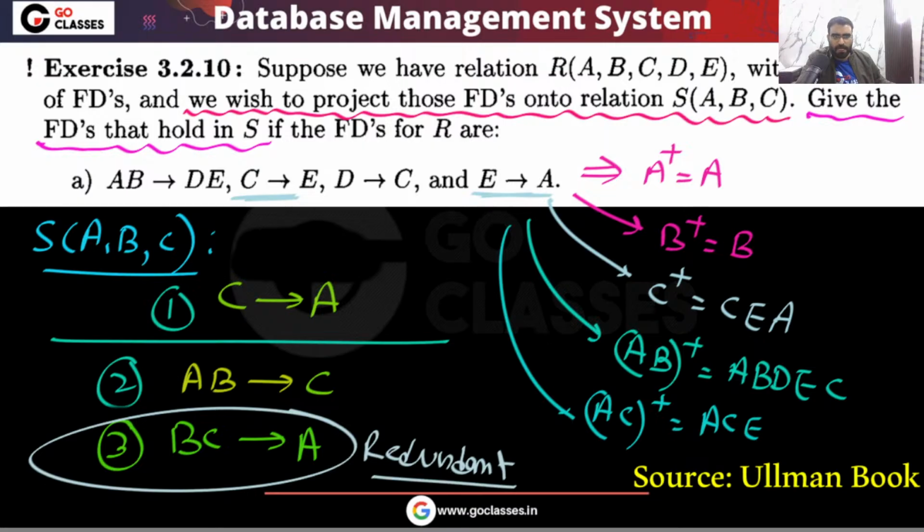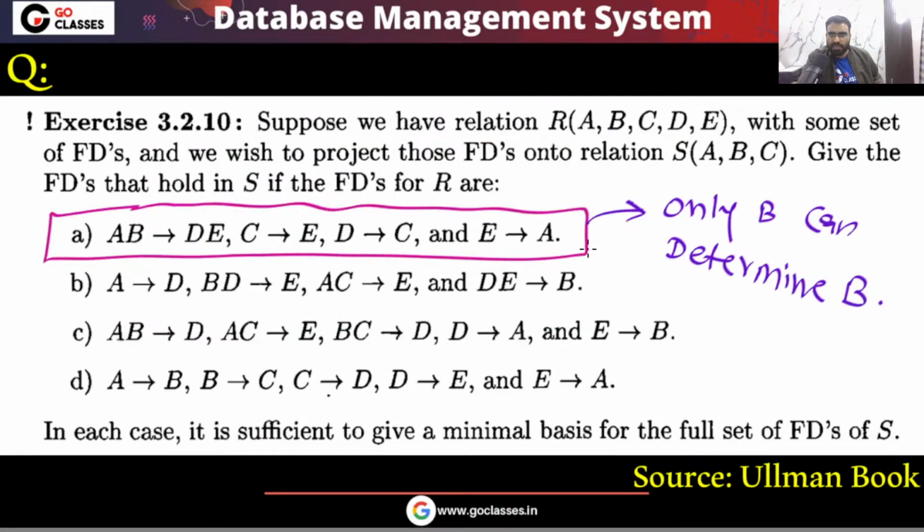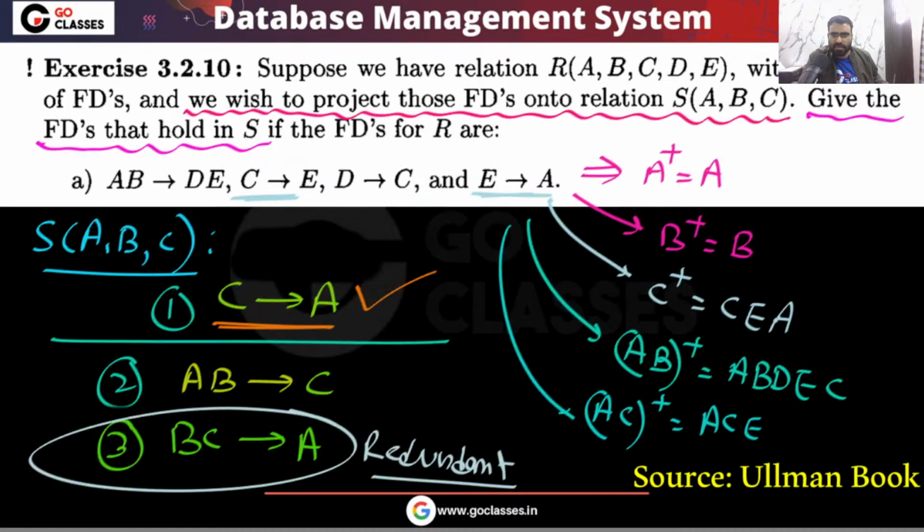Because C can determine A, automatically BC will determine A. So you can forget about it. Your final answer will be C determines A and AB determines C. So for this first question, these functional dependencies will be your final answer.